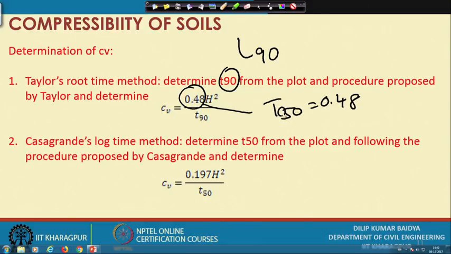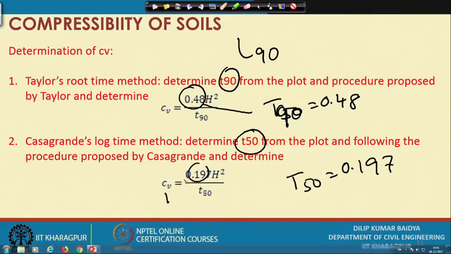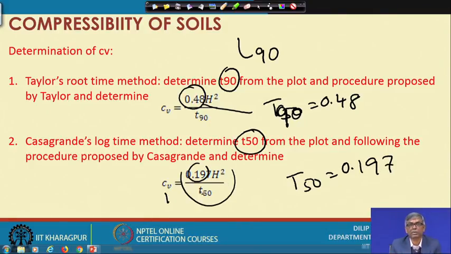T 90 corresponds to 0.848, so I can put in T 90 and get the value. When it is the log time method, we get T 50, and the T v corresponding to T 50 is 0.197. If I use that value, C v can be related to it, and from there one can find out C v. So both ways C v can be obtained.